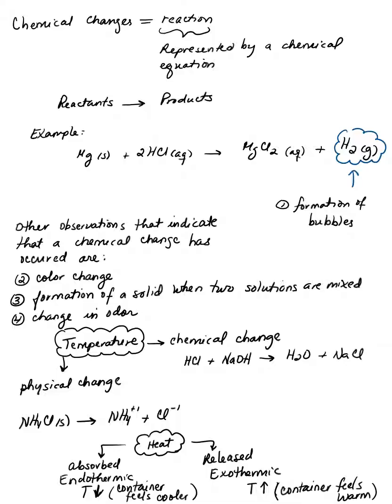You will feel the temperature decreasing. The container where that process is happening will feel cooler. The temperature will go down because your actual process requires energy and it will absorb energy from the surroundings, and you will be able to feel that temperature change.